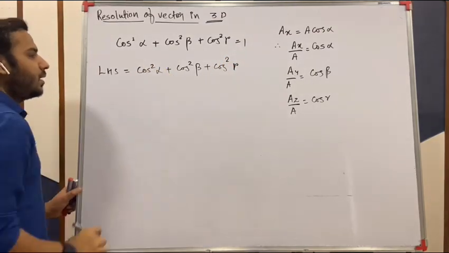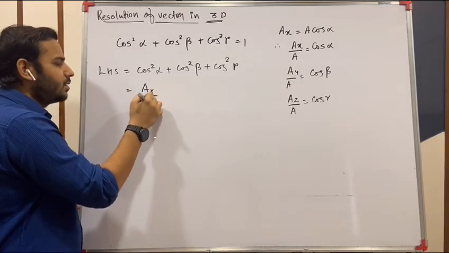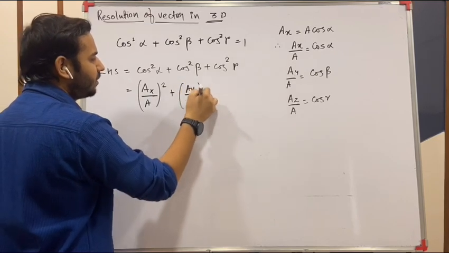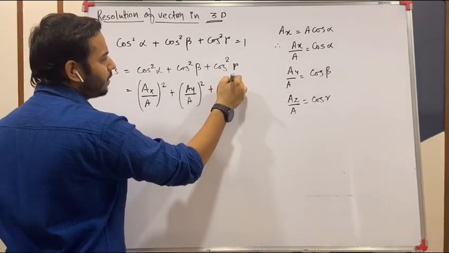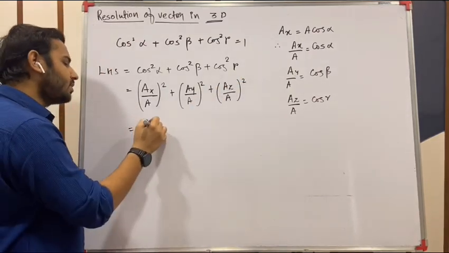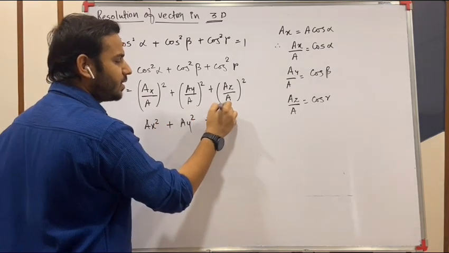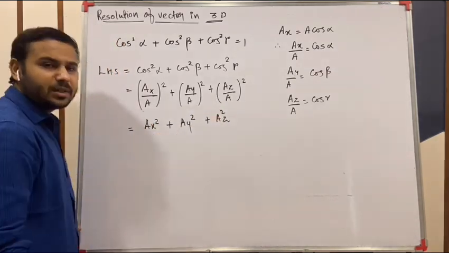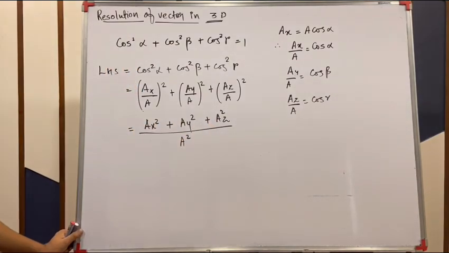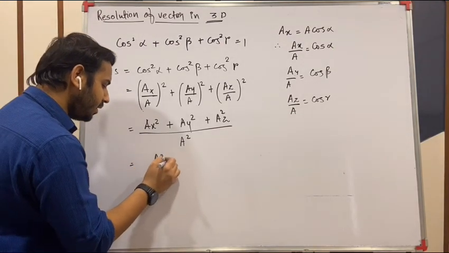Okay. Now, what is cos alpha? Ax upon a whole square plus ay upon a whole square plus az upon a whole square. You can say ax square plus ay square plus az square, with a square in the denominator of all three. Okay, ax square plus ay square plus az square, that is a square only, no?